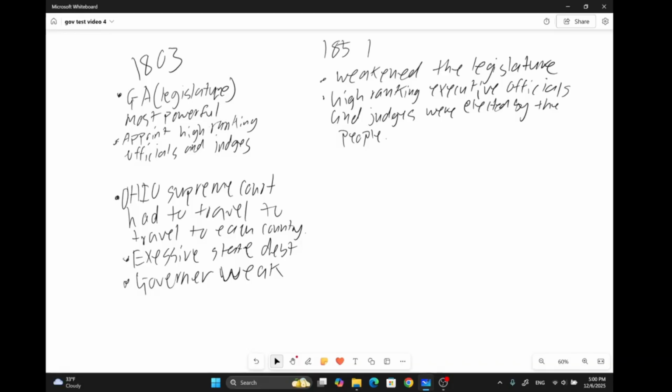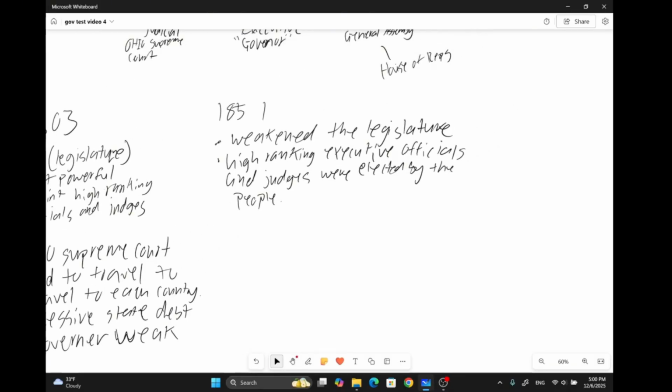So basically, the popular vote. They are now elected by the people themselves. And because the legislature got weaker, the governor was now more powerful, a more powerful executive.